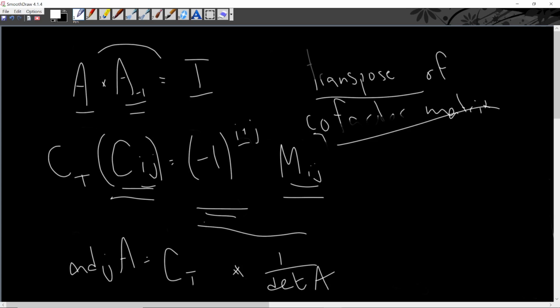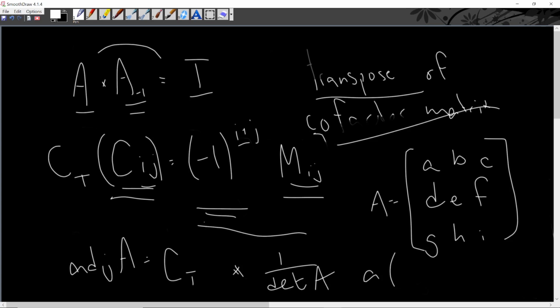So I'm just going to write down what the determinant of a 3 by 3 matrix is. If you have A equal to the matrix with rows A, B, C, then D, E, F, then G, H, I, the determinant is going to be A times (EI minus FH) minus B times (DI minus FG).